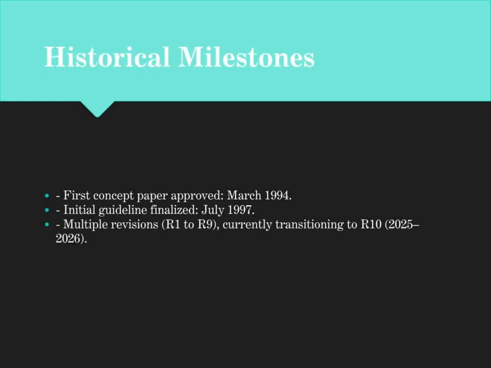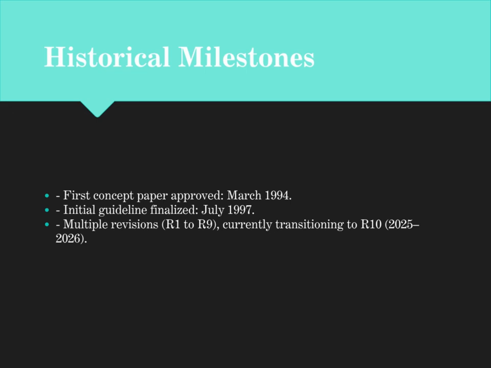The concept of harmonizing solvent limits emerged at ICH2 in 1993. The initial Q3C guideline was finalized in July 1997. Over time, several revisions followed. R1 through R3 incorporated new solvents like THF and NMP. R5 and R6 introduced PDEs for cumene, methylisobutylketone, and triethylamine.